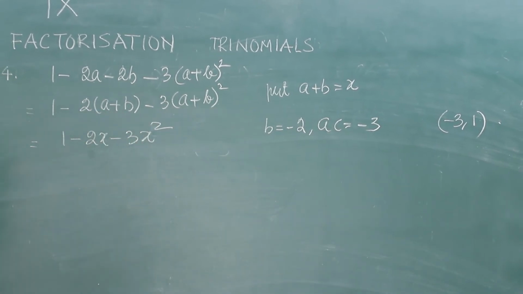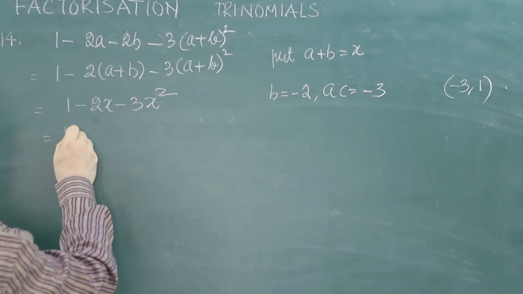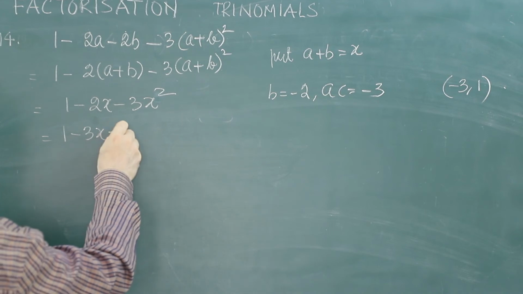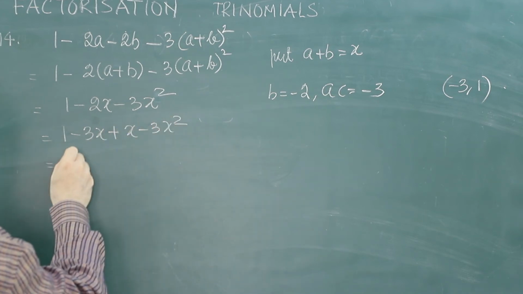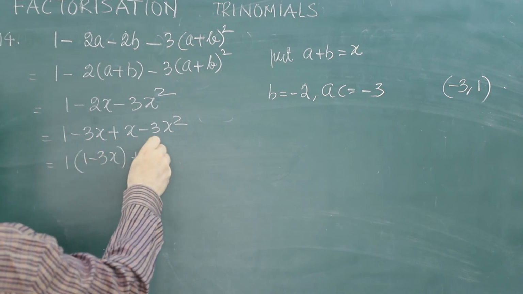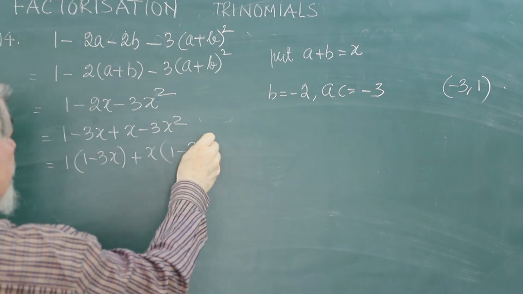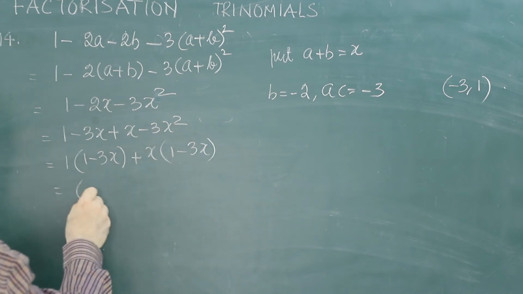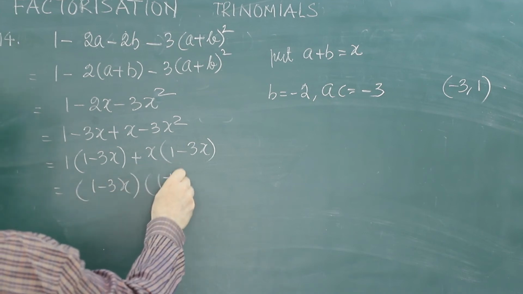When I multiply minus 3 into 1, I'll get minus 3. So 1 minus 3x plus x minus 3x square. In the first pair I have 1 common, and in the second pair x is common. So I get 1 minus 3x and 1 plus x.